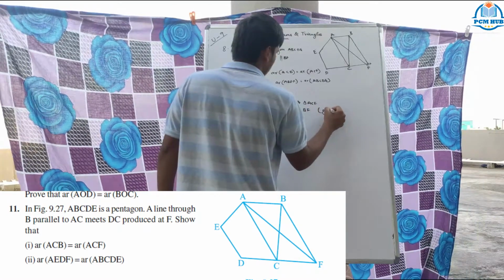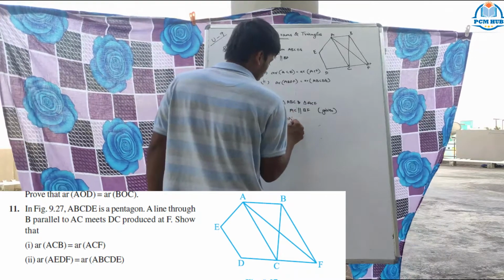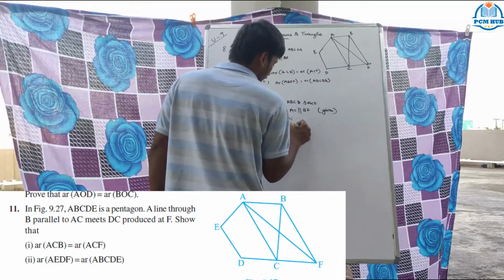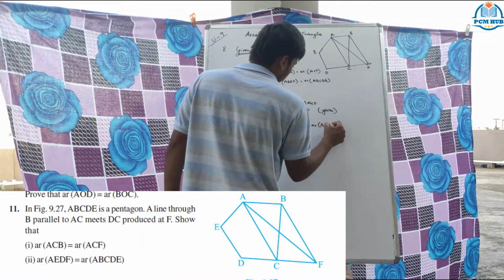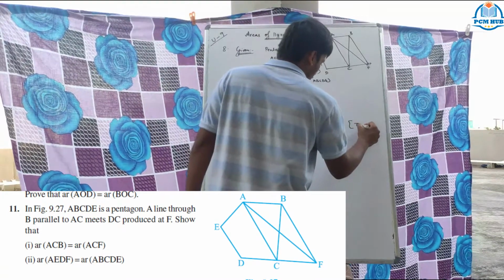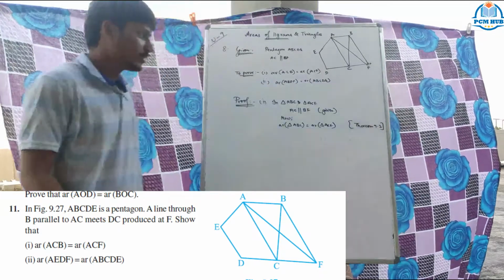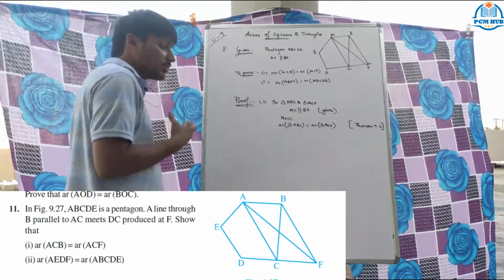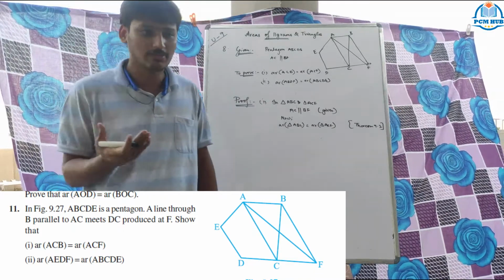This is given. Now area of triangle ABC equals area of triangle ACF. Why? Because of theorem 9.3, which states that, I am making you revise. What is the 9.3 theorem? What is the 9.3 theorem?